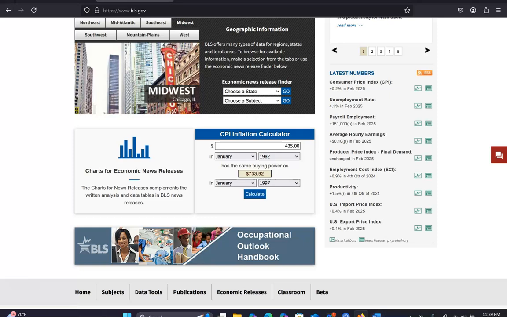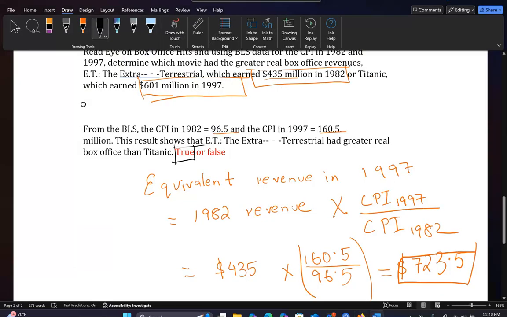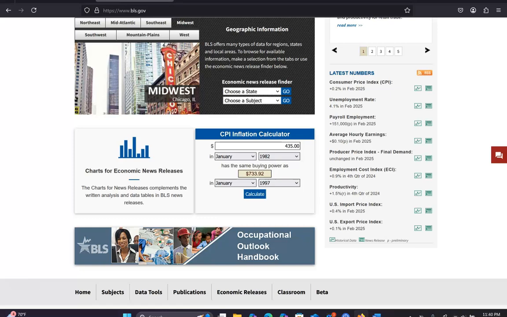This is close to what we got, 723.5. So this is the CPI inflation calculator. I got this from the US BLS website. I can just convert or find out the equivalent price in 1997 from the equivalent price in 1982, given the 1982 price. In our case, it was the total revenue, and then the CPIs of these two periods.